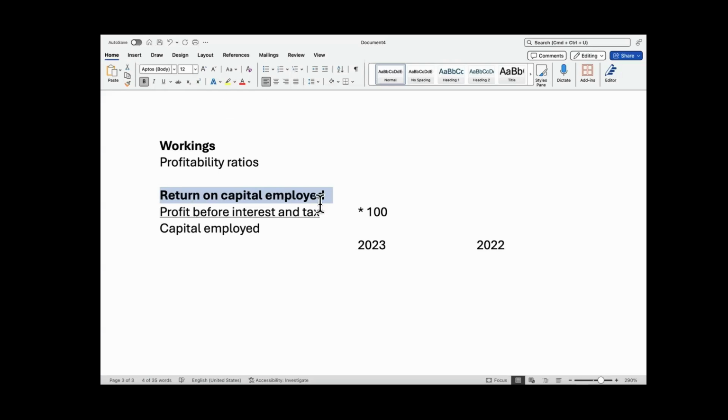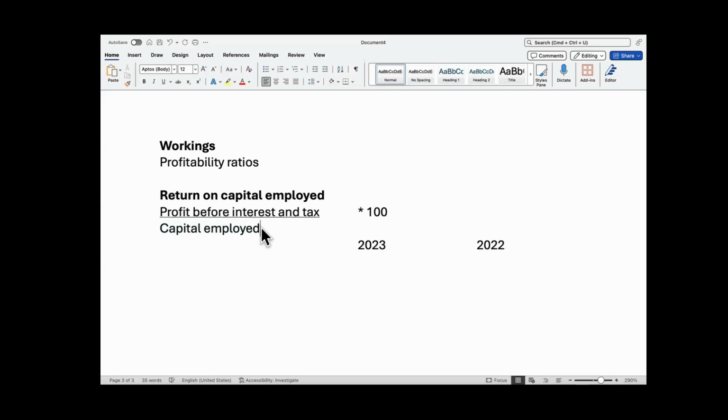And it's simply profits before interest and tax over capital employed. This capital employed would be equity plus debts.